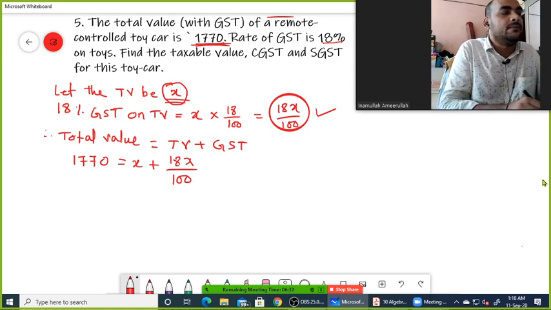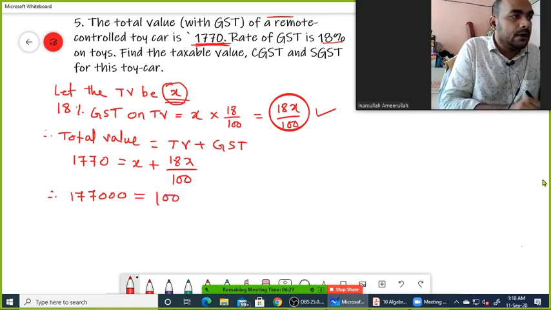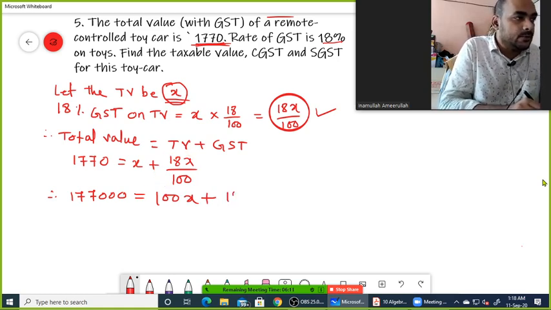So we can multiply throughout by 100. So it will look like this: 1770 into 100, x, every term we are going to multiply by 100 so that this denominator 100 can be eliminated. So when you multiply 100 with this term 18x upon 100, it will become 18x.